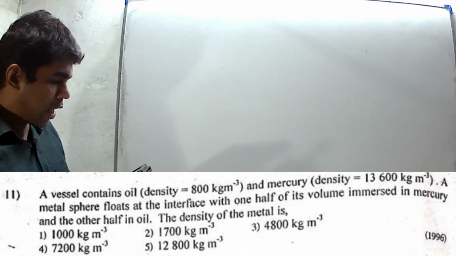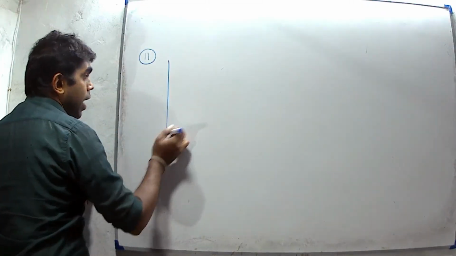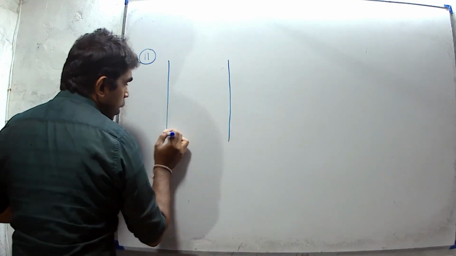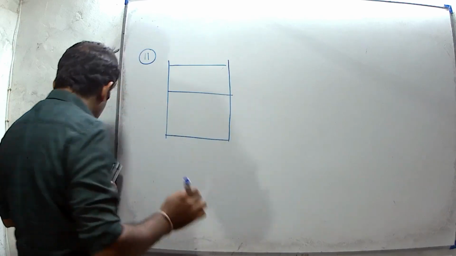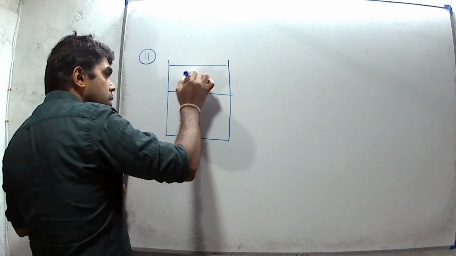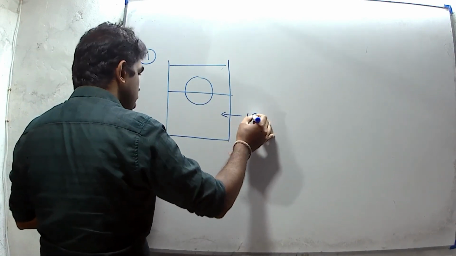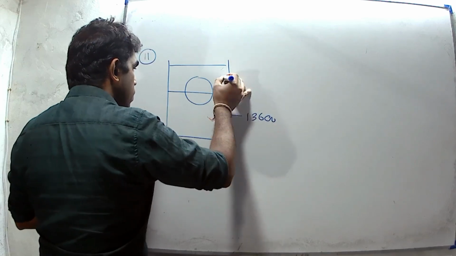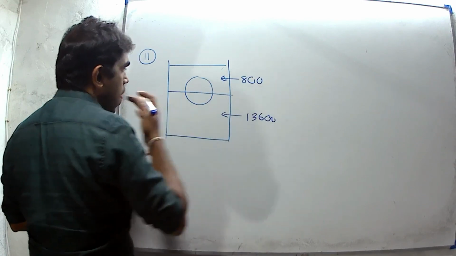The density of the metal is... I will draw a diagram. We know that the density of mercury is greater than the density of the given oil. Density of mercury 13,600. Density of oil 800.